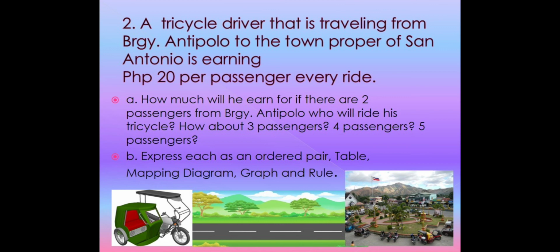How much will he earn if there are two passengers from Barangay Antipolo who will ride his tricycle? How about three passengers? Four passengers? Five passengers? And then express each as an ordered pair, table, mapping diagram, graph, and rule.